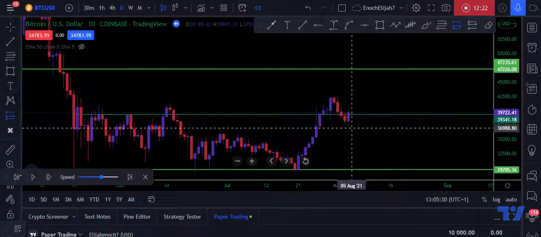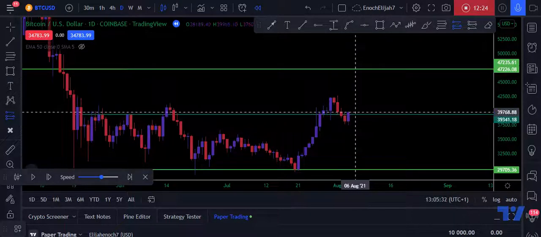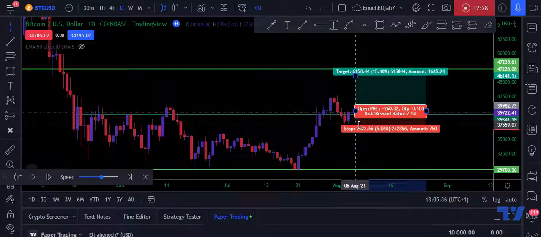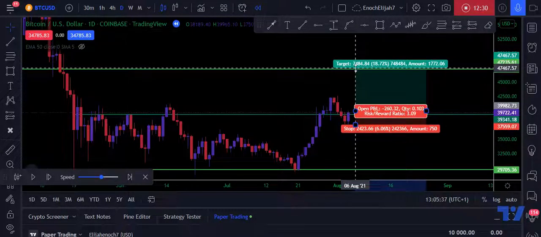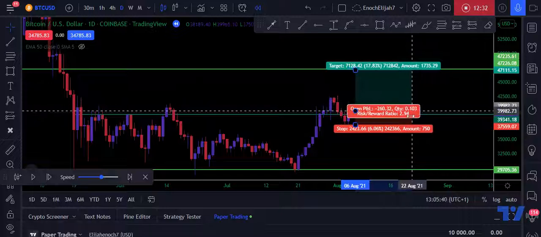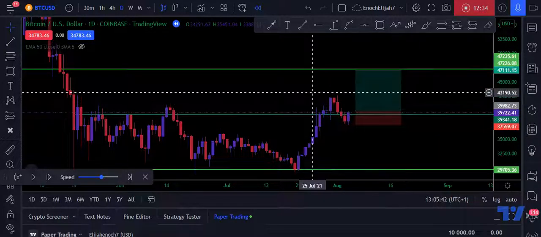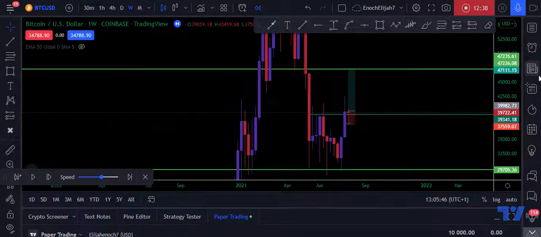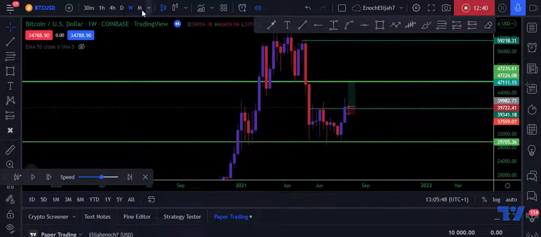This is a green candle. Once this candle closes above this red, it means a fully bullish moment. Enter right here. Now, both daily and weekly are fully bullish for me.